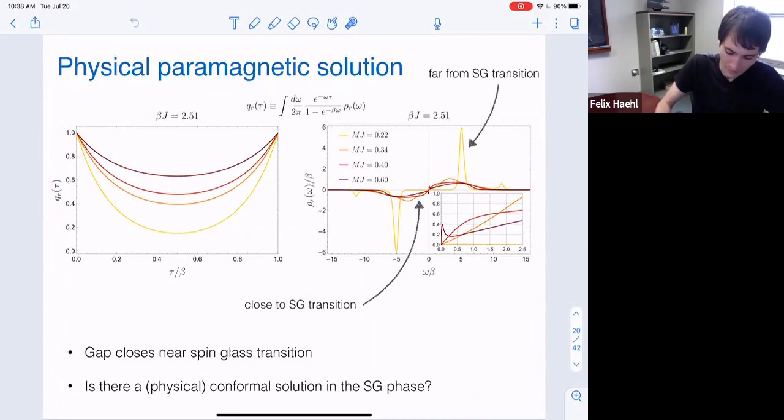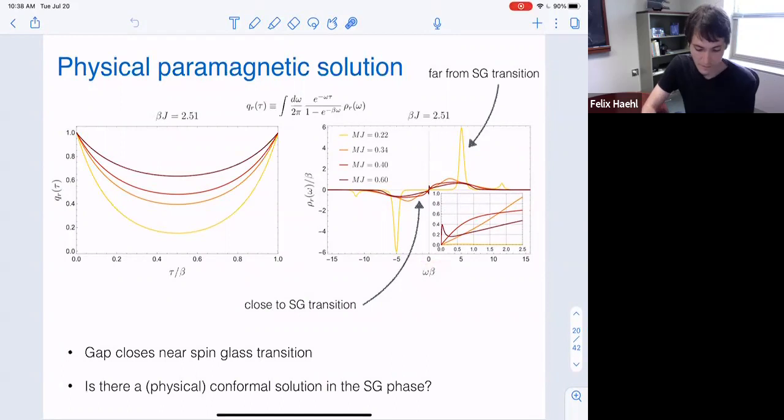So for instance, these on the left here, these are Euclidean two-point functions, but I'm also plotting the spectral functions for these solutions. Okay, so the spectral functions as a function of energy, frequency. And you can see that these typically have this kind of gap. So they have a lot of spectral density somewhere away from zero energy.